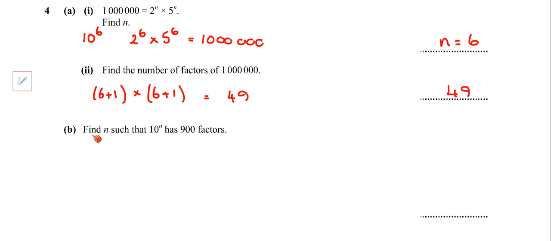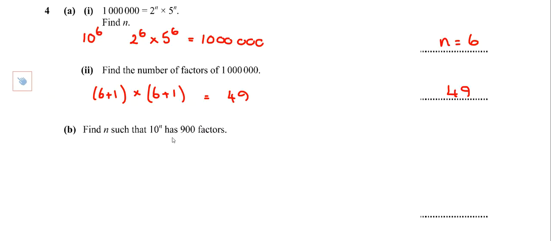Right. Find n such that 10 to the power of n has 900 factors. Well, I've got to work backwards. So remember, if there are 49 factors, it's rows plus 1 times columns plus 1 multiplied together that makes the 49.